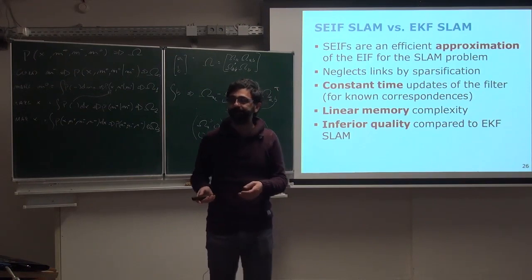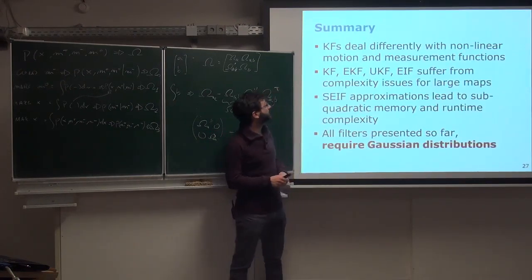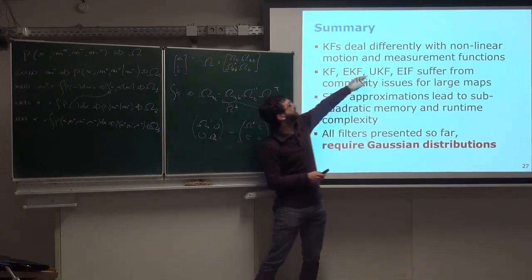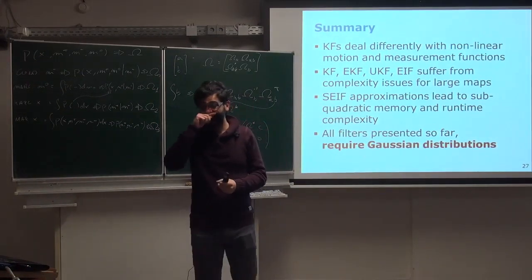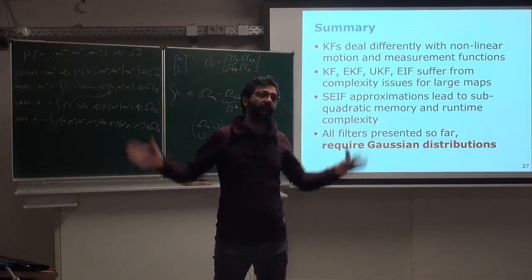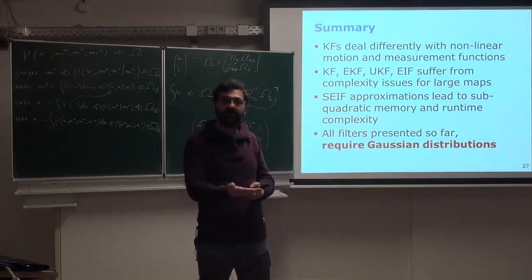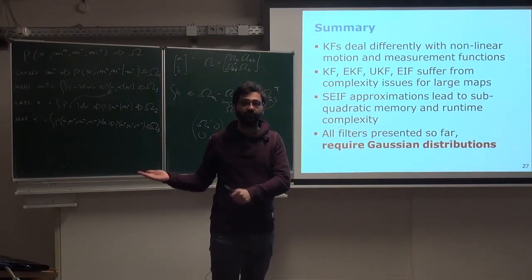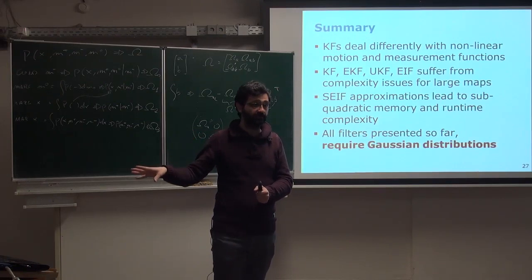Okay? So that's basically the end of today's lecture. We have seen all these algorithms: the Kalman filter, the extended Kalman filter, the unscented Kalman filter, and the information filter. They show the broad spectrum of possible ways of addressing the SLAM problem when you assume Gaussian random noise.